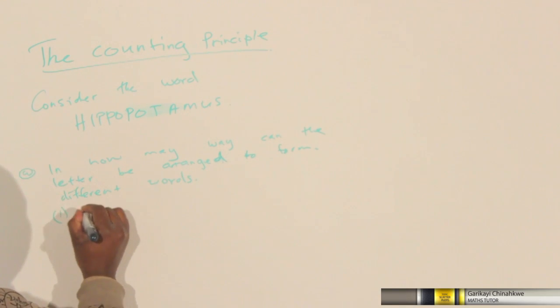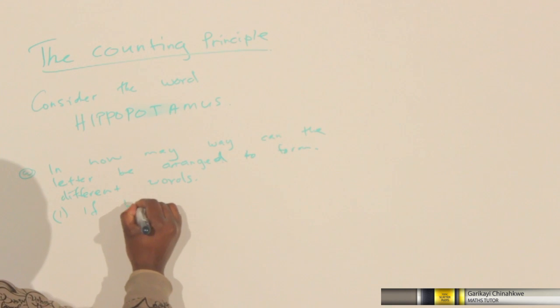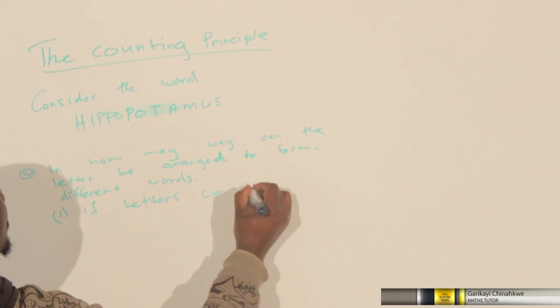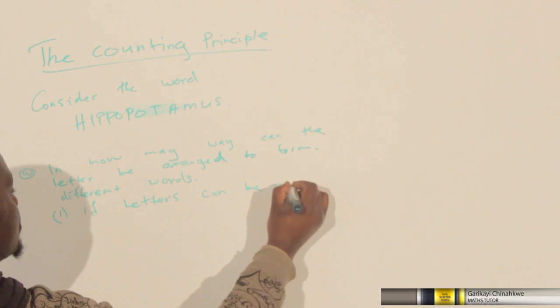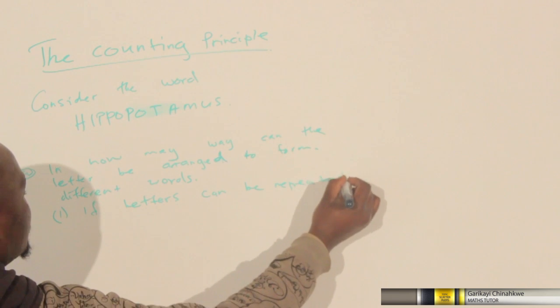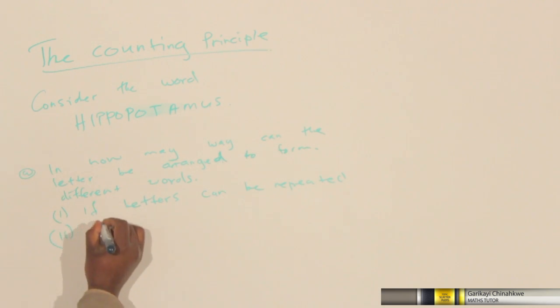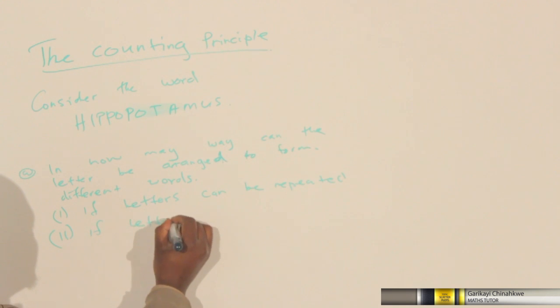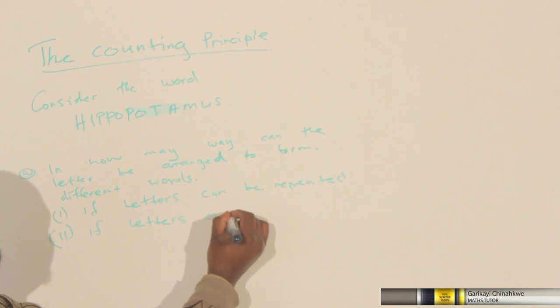Let's say A, if letters can be repeated. Part 2, if letters cannot be repeated.